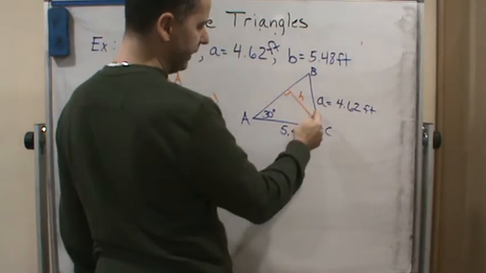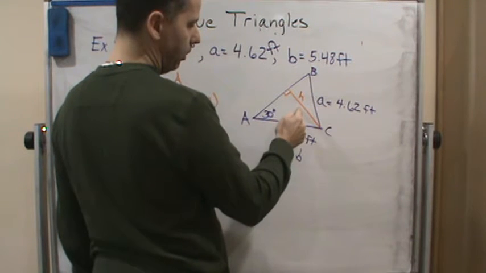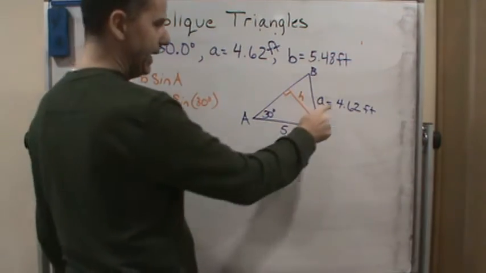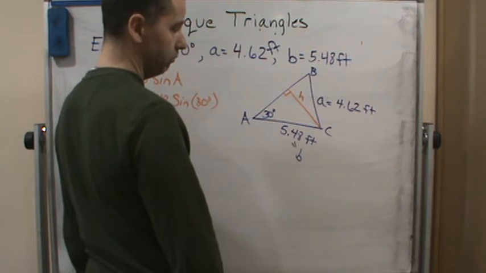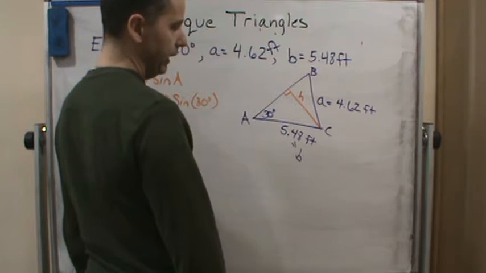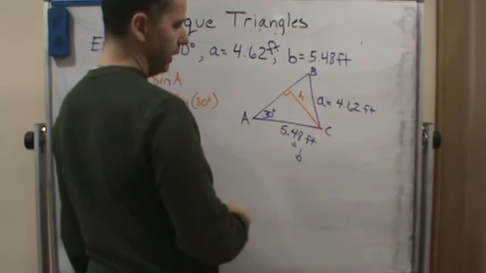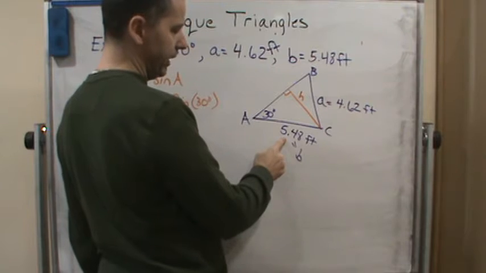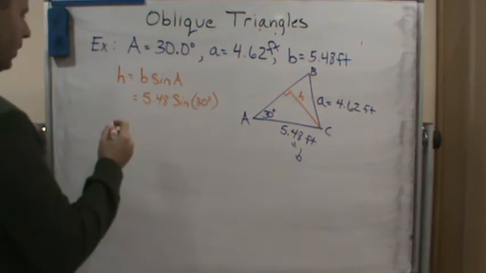Now we just have to see how a compares to h. If a is less than h, then we don't have a triangle. If a is equal to h, then we have a right triangle. If a is bigger than h but less than b, which we know it is, then we have two possible triangles.